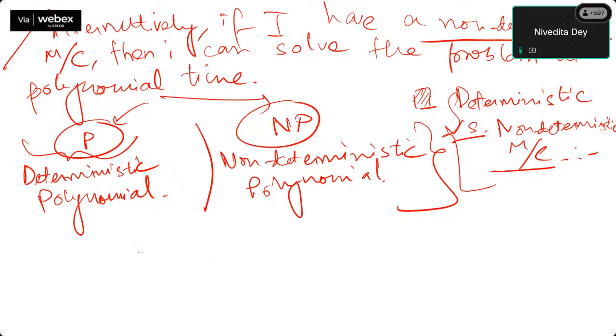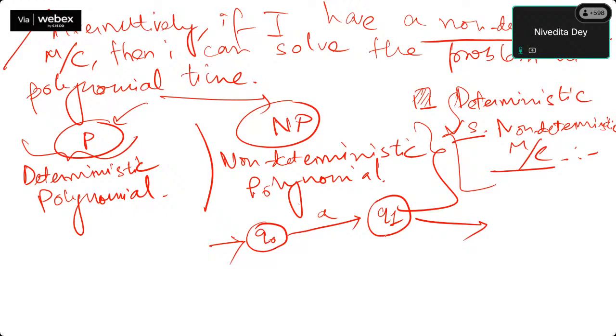In simple words, if you remember automata, say you are in Q0, this is your initial state. From this state, on having an input A, you arrive at Q1. From Q1, say on having B, you arrive at Q2.